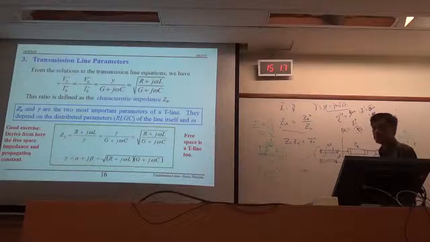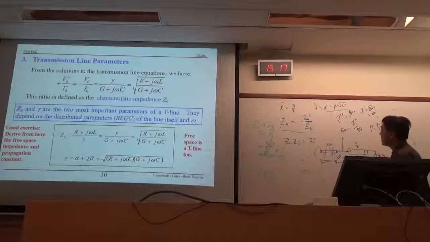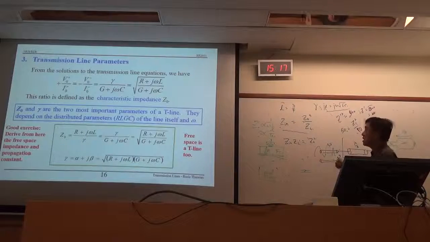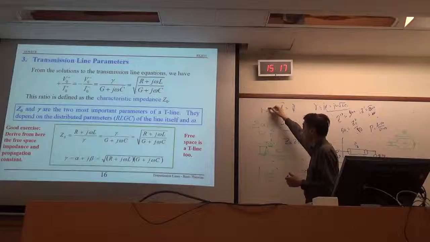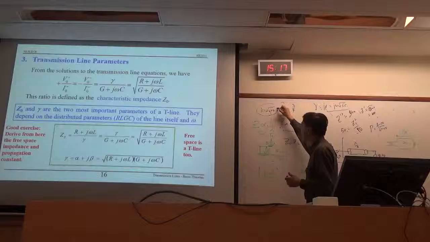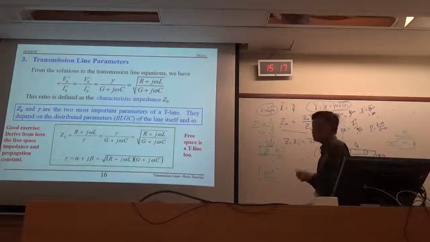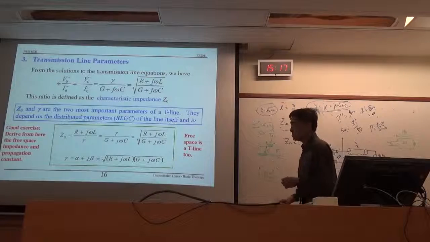You see the same similarity once again. And remember on this side here, K is equal to omega square root of mu epsilon. Look at the similarity here.